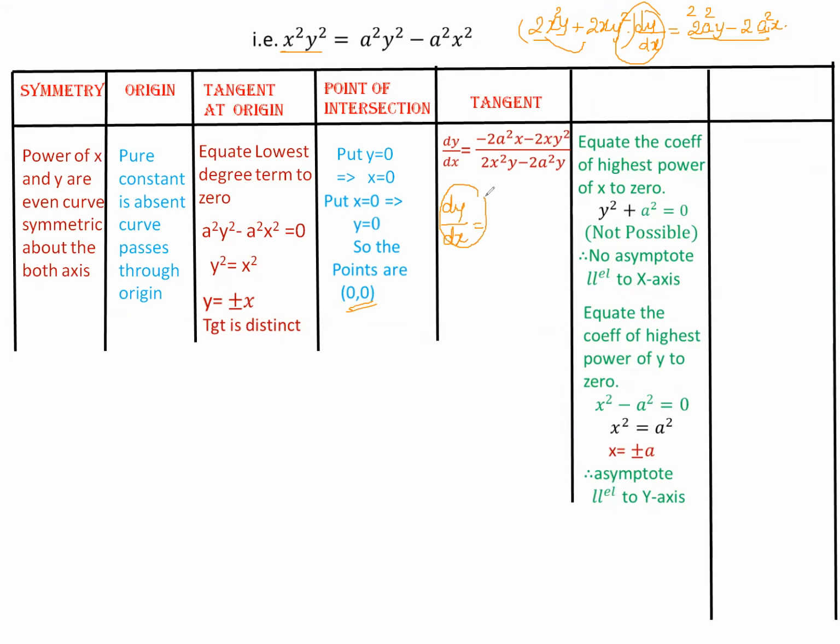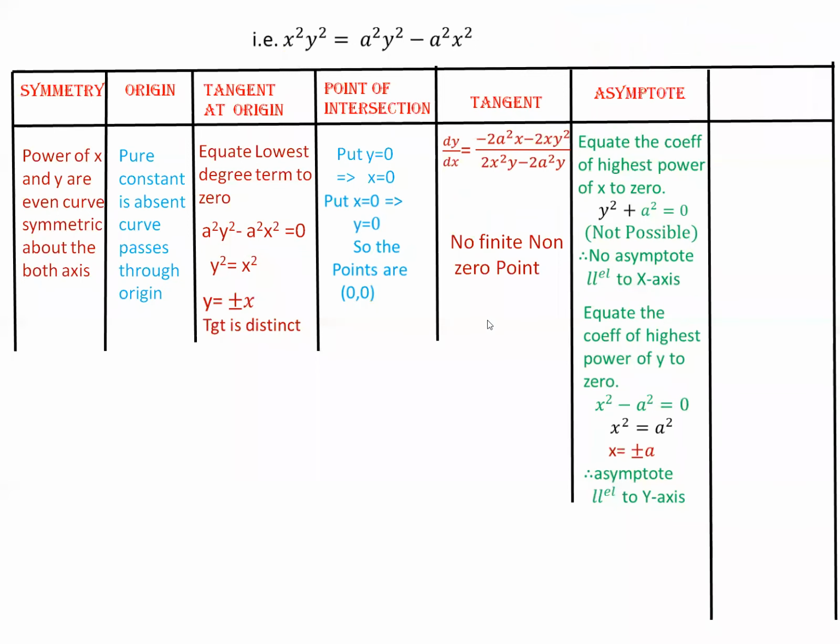But whenever the curve passes through the origin only, there is no need to find this tangent. So here we are not getting any tangent for 0, 0.